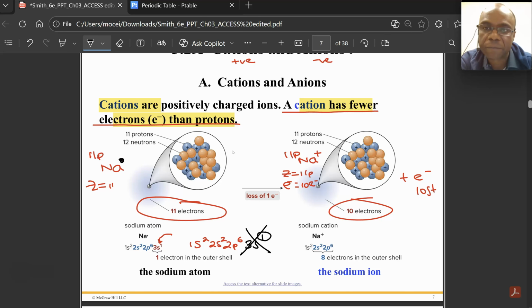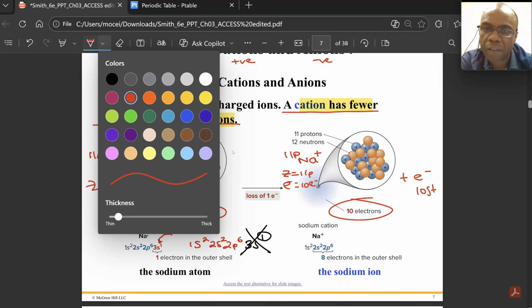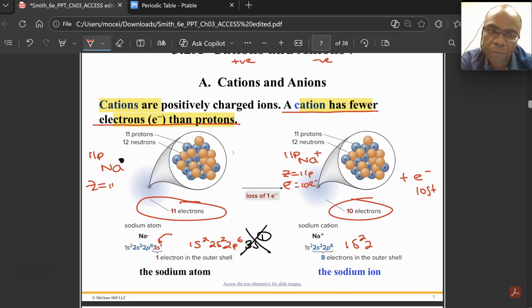When this is lost, all you're left with is 1s2, 2s2, 2p6, and that is the same electronic configuration as the noble gas neon, which is why we said to form ions, the reaction will happen in a way that the ion formed will have the same electronic configuration as one of the noble gases. All elements react to gain the noble gas electronic configuration, which is very stable. That is the idea here.